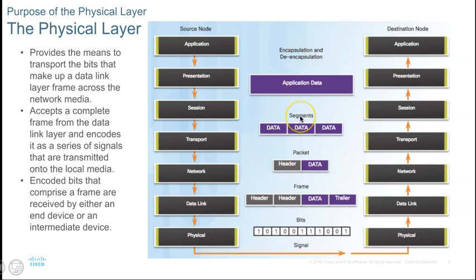At one point it is a segment, at another point it becomes a packet, at another layer it becomes a frame, then it becomes a bit. But what happens to it at the physical layer? At the physical layer, the bits are converted into some type of signals, and that is the job of the physical layer: to take the bits, the ones and zeros, and convert them into signals and put them on the wire. All right.